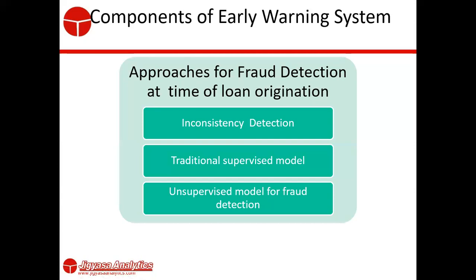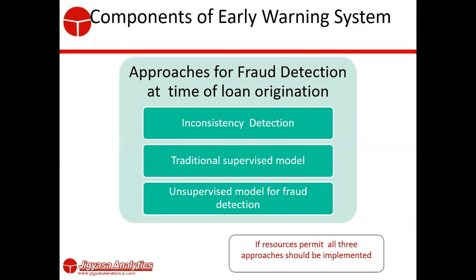Inconsistency detection, where you look for logical inconsistencies, and we'll talk more about that. And then there is traditional supervised models, and then we will also talk about unsupervised models for fraud detection. So let's get started with each of these components.